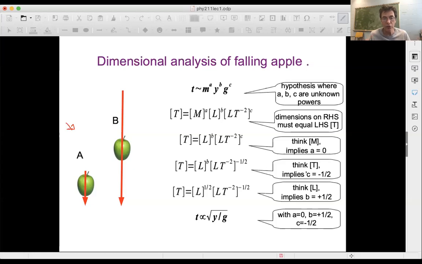And we've used it to figure out that the time taken to fall a certain distance goes as the square root of the distance, which means, supposing we call the distance that the apple A fell is y, then if apple B falls twice as far, 2y, then because the time is proportional to the square root of y, the time is the square root of 2 times as long. So 1.41 times as long.